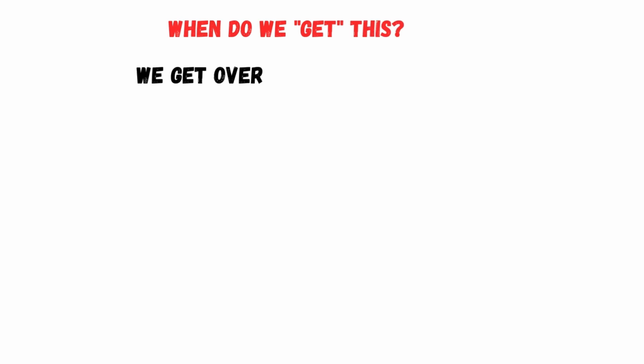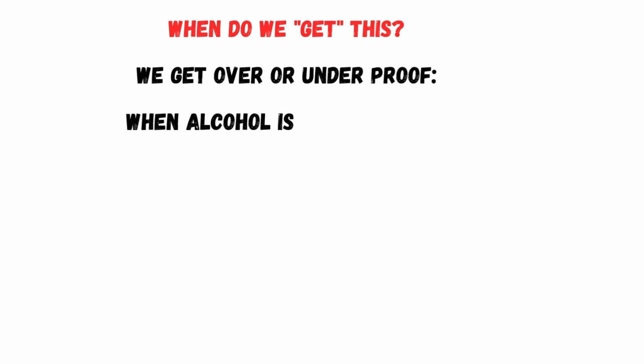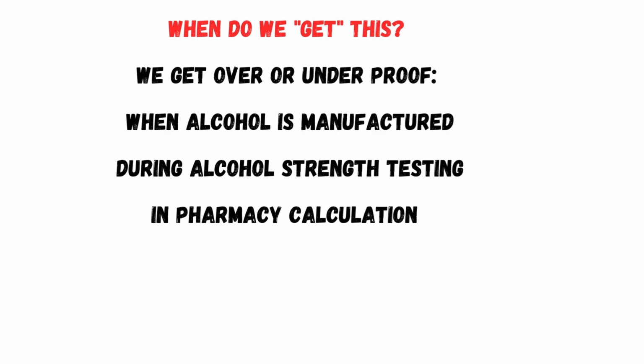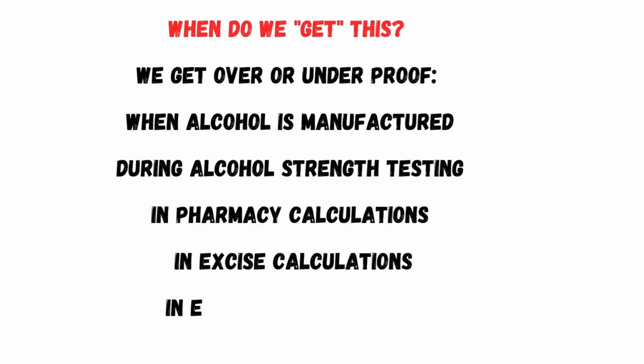So when do we get this? Why are overproof and underproof required? During manufacturing of alcohol and during alcohol strength testing, when comparing the strength of alcohol with 57.1%, overproof and underproof are required.